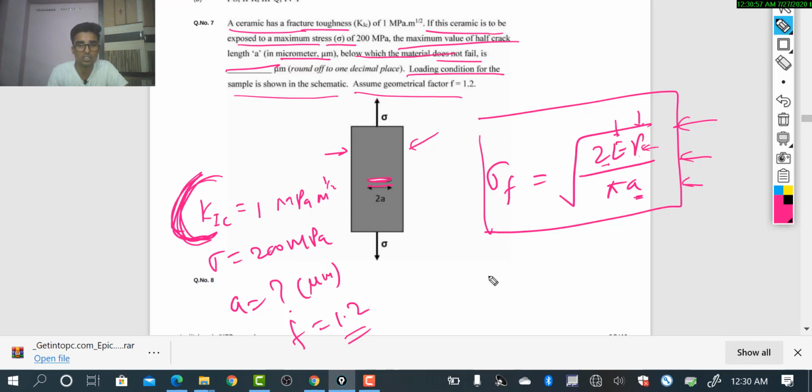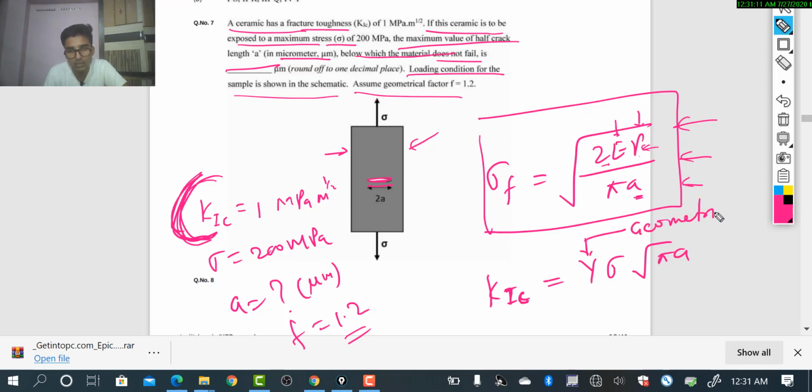the fracture toughness formula. So what is the formula for fracture toughness? The first mode of fracture, C for critical, okay. So the KIC formula is Y sigma root pi a. What is Y? Y is the geometrical factor, but here it is written as f. So no problem, we can write this as f sigma root pi a also. Here KIC is already given, it is 1 megapascal, right?